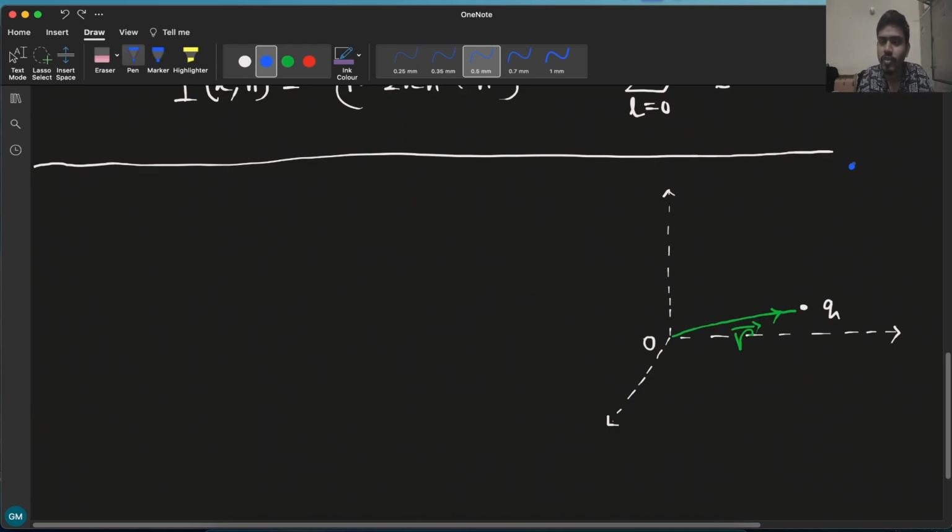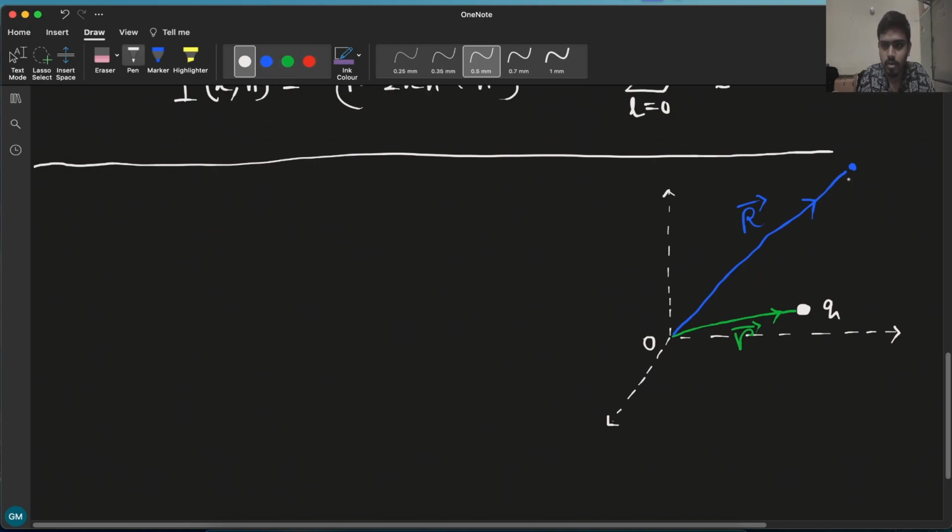Or we want to know the field at this point, which is at a distance r from the origin. This is called the source of the field, and this is where we want to measure the electric field, or basically the effect of the electric field, that is the force on a test charge, for example.